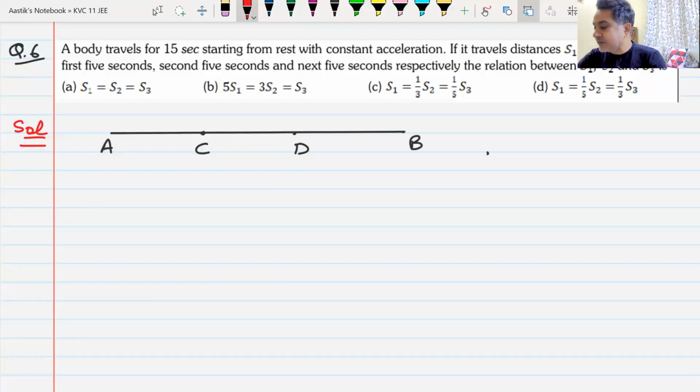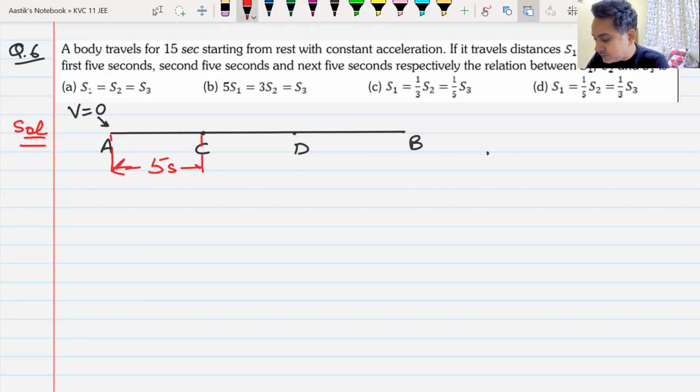Okay, so here we go. This is the journey that I have written: A to B, then we have C, then we have D. At point A it is at rest, so velocity is 0 at point A. From A to B it takes 15 seconds, so this is the first 5 seconds.